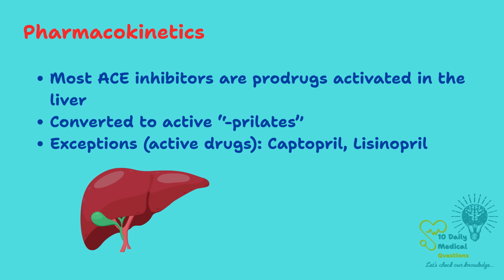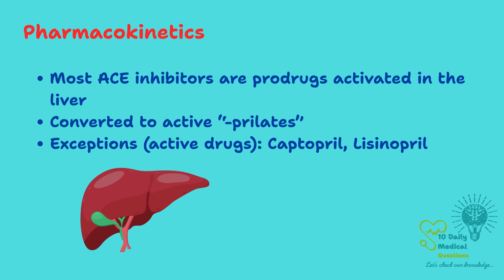From a pharmacokinetic perspective, most ACE inhibitors are prodrugs, meaning they need to be activated in the liver to become effective. Notable exceptions are captopril and lisinopril, which are active drugs and do not require hepatic conversion.